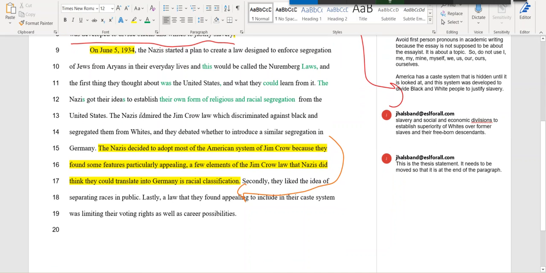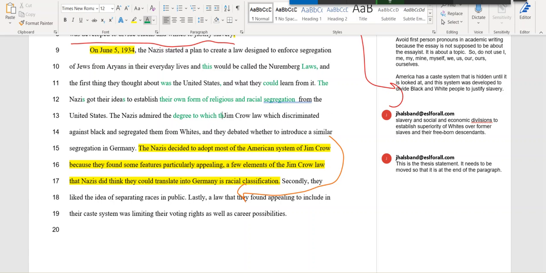The Nazis admired the degree to which the Jim Crow laws discriminated against Blacks and segregated them from whites.